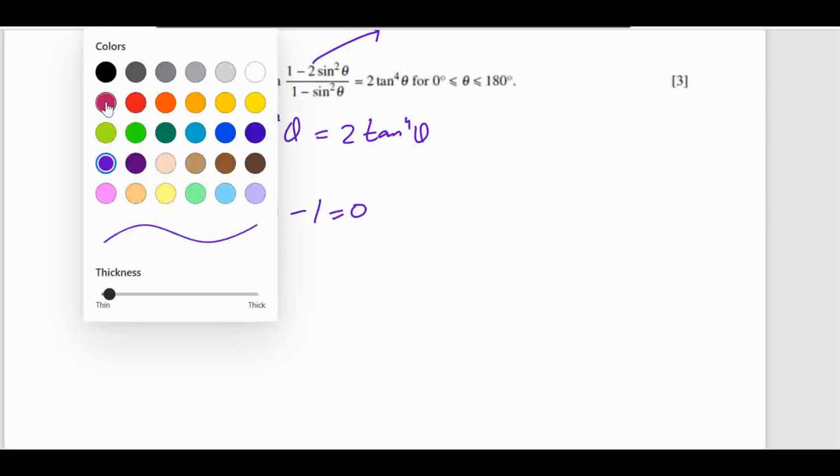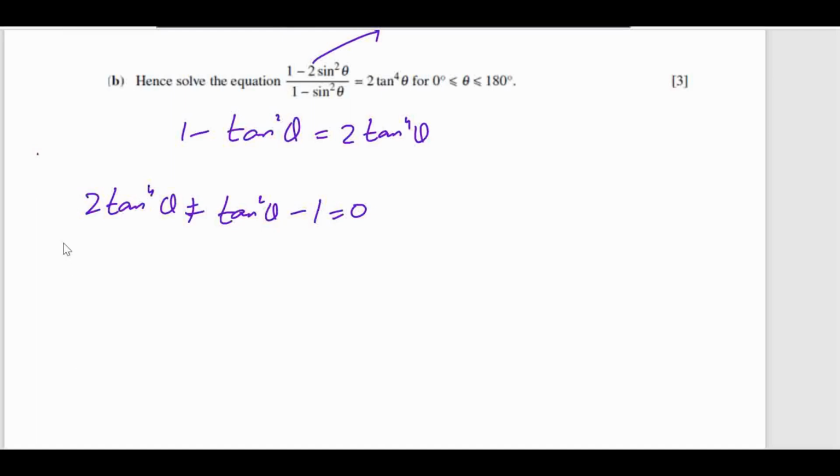Now from here we can write, let x equal tan square theta, which means that x square will be equal to tan 4 theta. So we can write this one as 2x square plus x minus 1 equals 0.